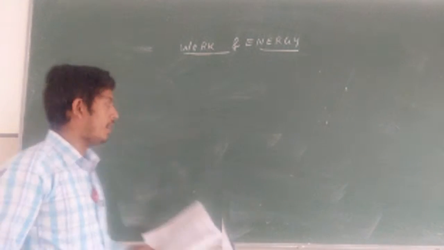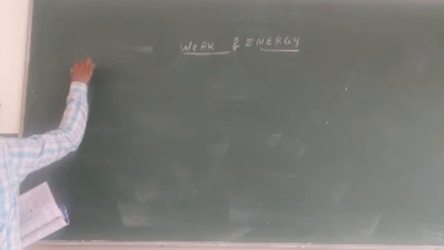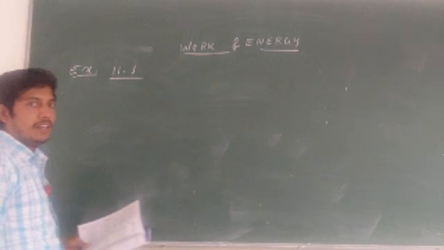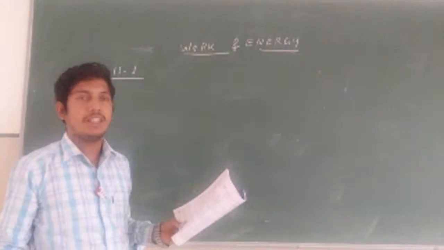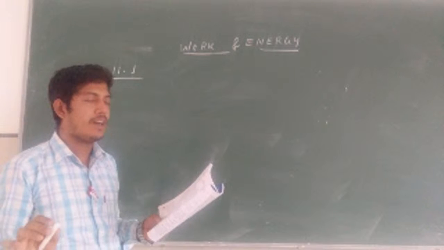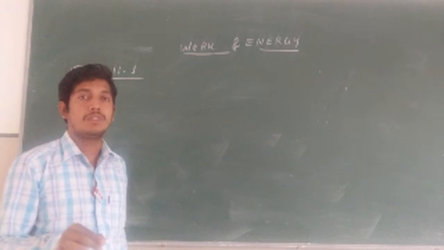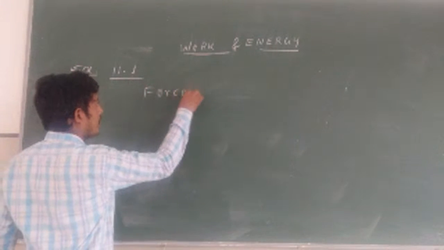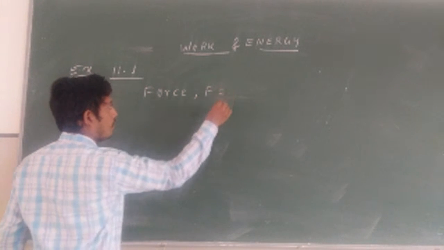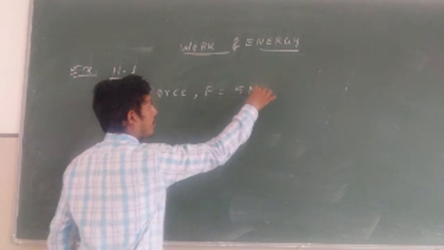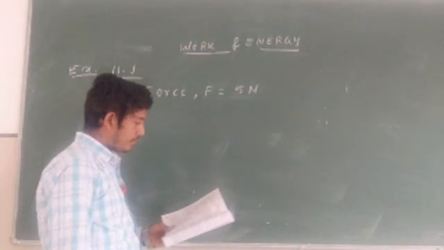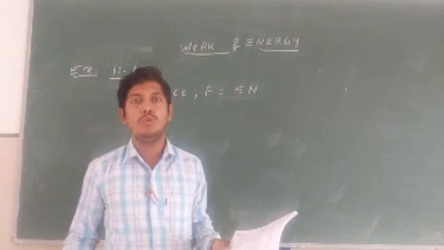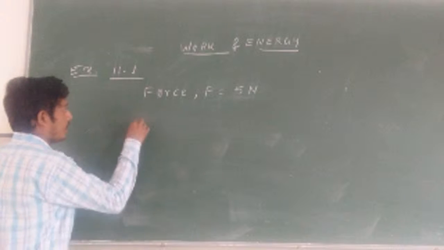First I will write the given values. This is example 11.1. First we have to write the given data. What are the given data here? The force, F, is equal to 5 Newton. Next, the object is displaced through 2 meter.